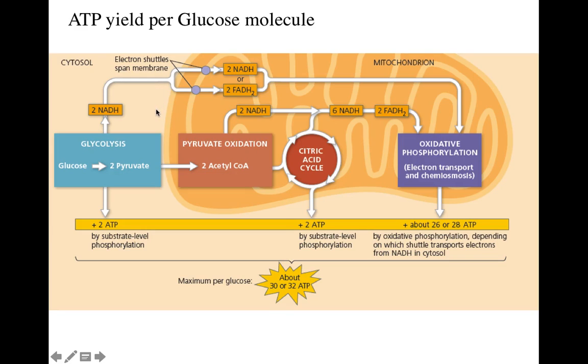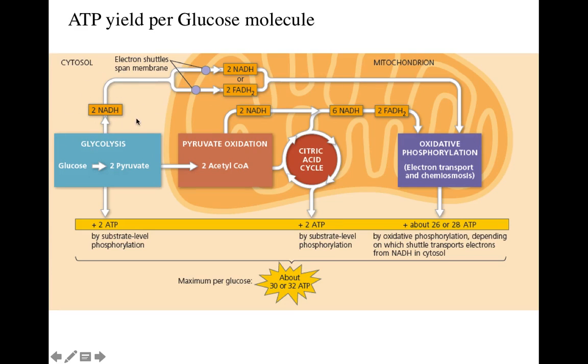One is known as the glycerol 3 phosphate shuttle, and the second one is known as the malate aspartate shuttle. We do not need to discuss them in detail, but basically these are two mechanisms which can help NADH transport its electrons through the mitochondrial membrane and to the electron transport chain.